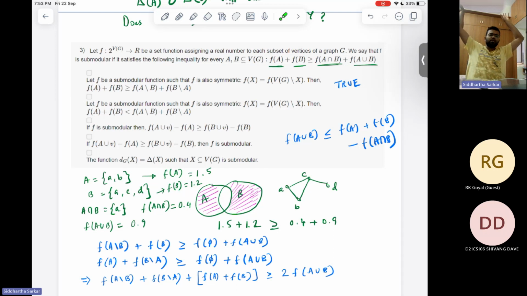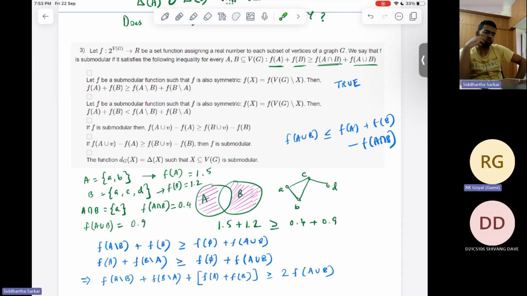Complement would be b and everything else in the universe. So all the vertices excluding x means what?